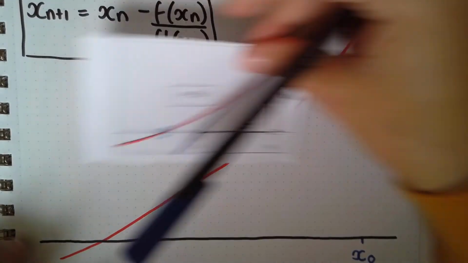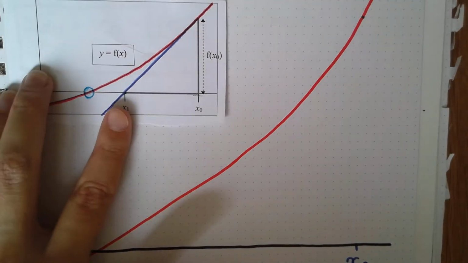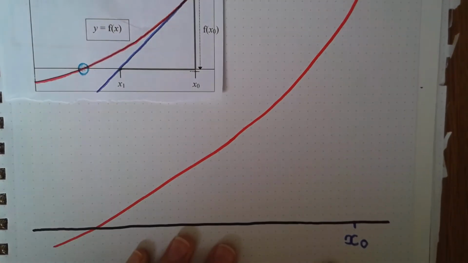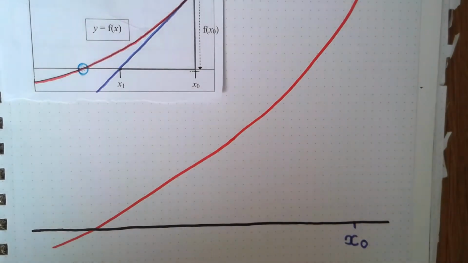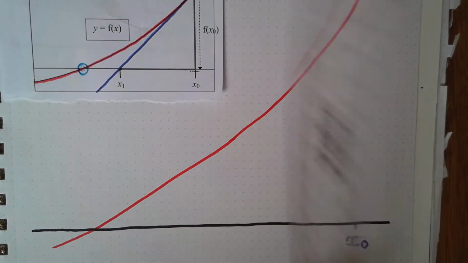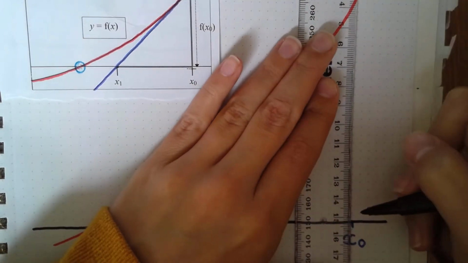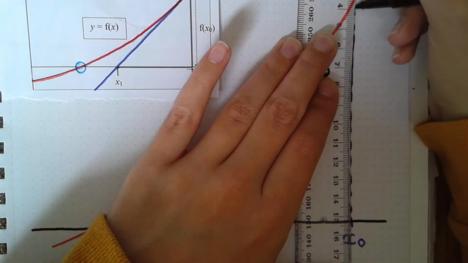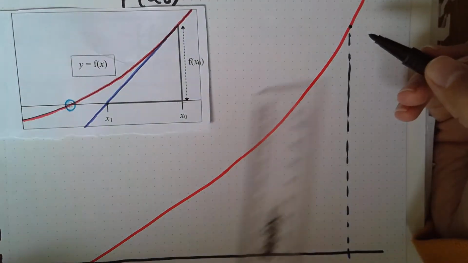This is a bigger version of this graph, just so you can see what Newton Raphson actually does. This point x0 down here, we find our y value, which is here, and we draw a tangent at that point.